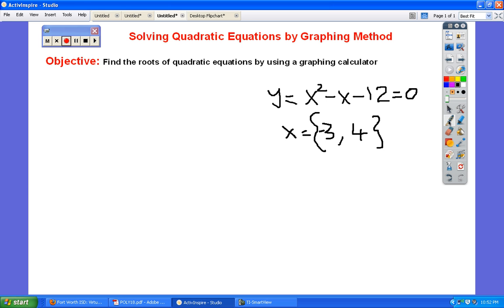Let's go ahead and do another example. If we define the first one as example 1, then the second one is example 2.